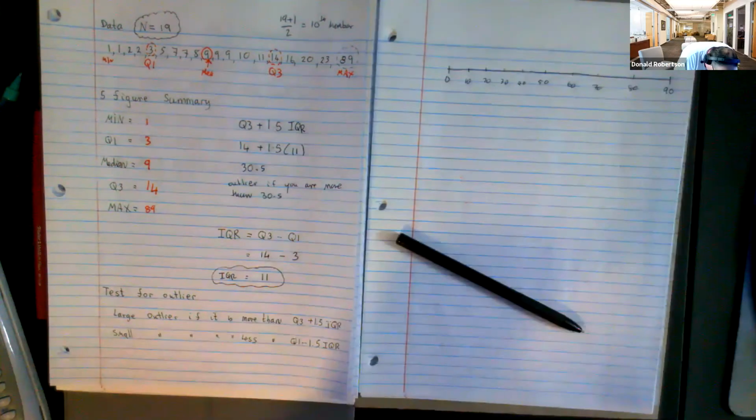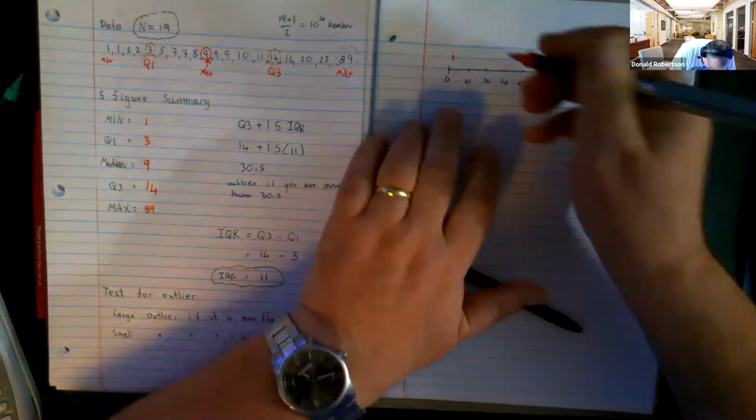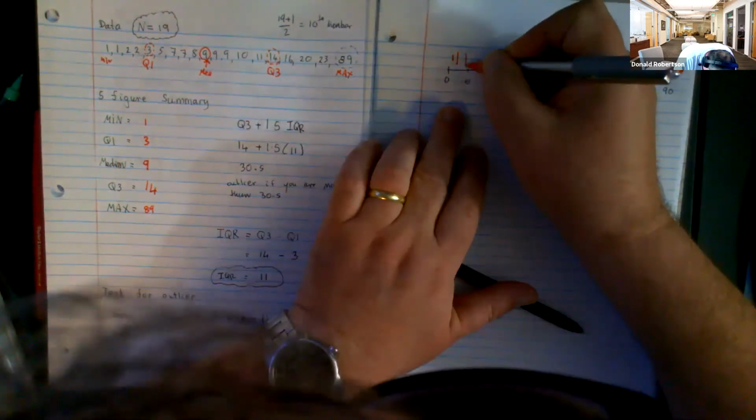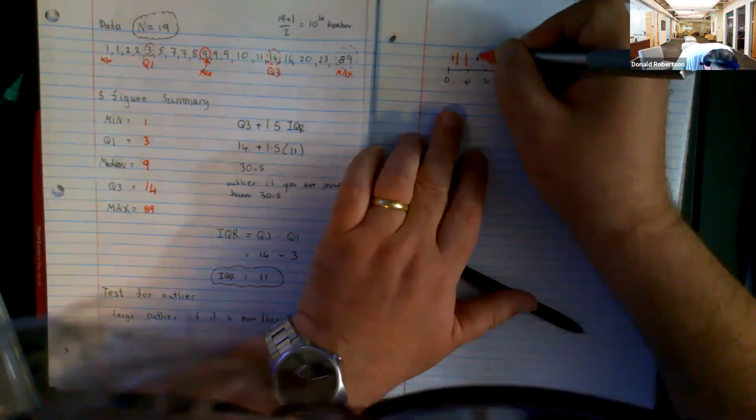And the smallest number is 1, so it's about there. 3's about here. 9 is about here. And 14 is about here. And 89 is about here.